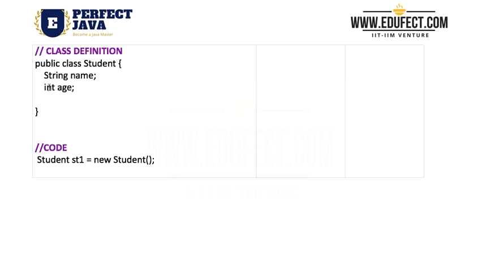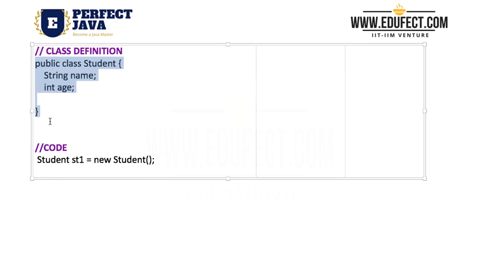Here we have this class student which we had declared earlier, and here we are saying student st1 is equal to new student. So this is perfectly fine. Why? Because in this class, do we have a constructor that we have defined? No. Because we have not defined a constructor, a default constructor is added, and a default constructor is always without parameters.